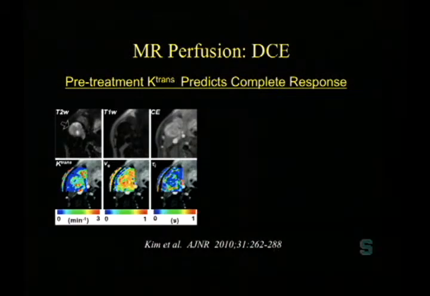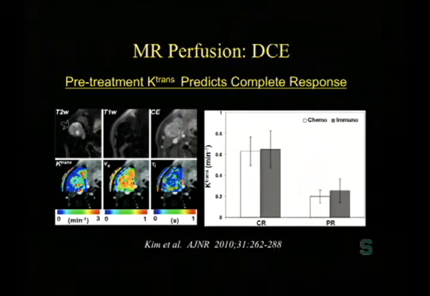They actually found that the pre-treatment K-trans was a predictor of response. So when they performed pre-treatment diffusion contrast enhanced imaging and measured K-trans, they found that tumors that had a higher K-trans pre-treatment were more likely to have a complete response than those tumors that had a partial response.